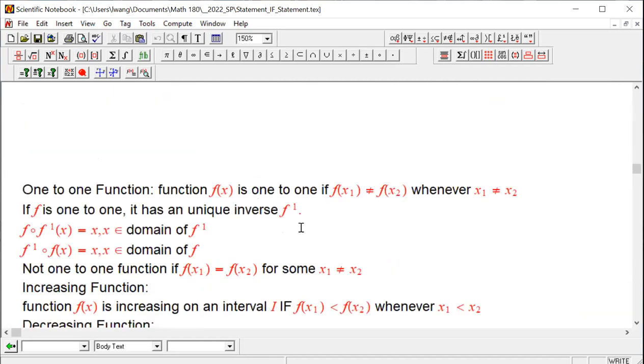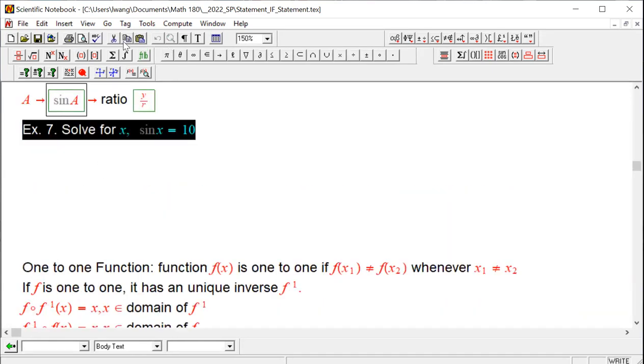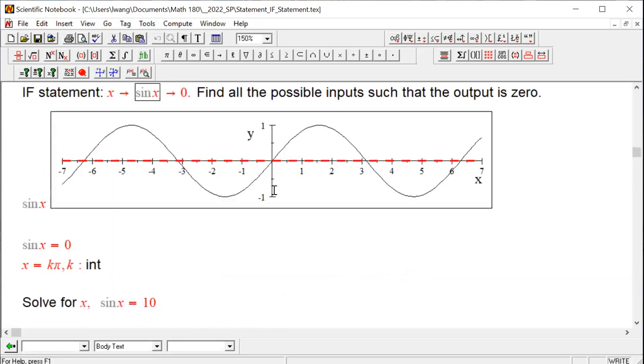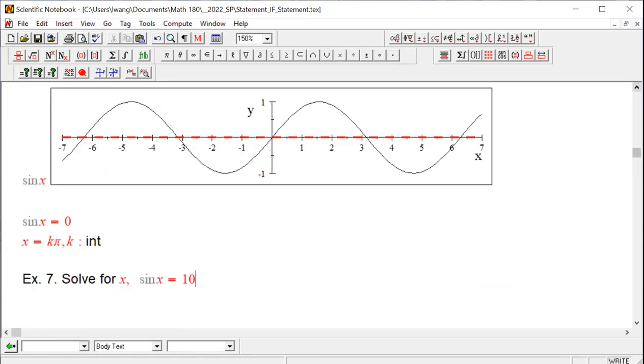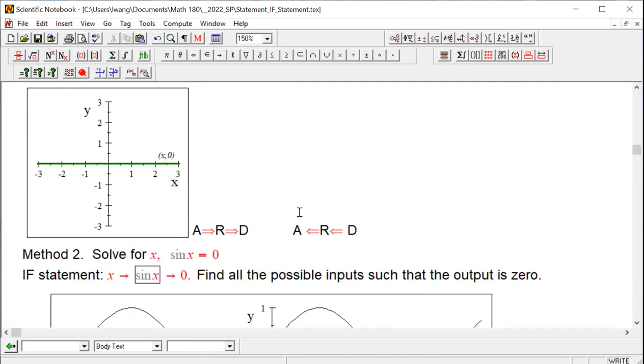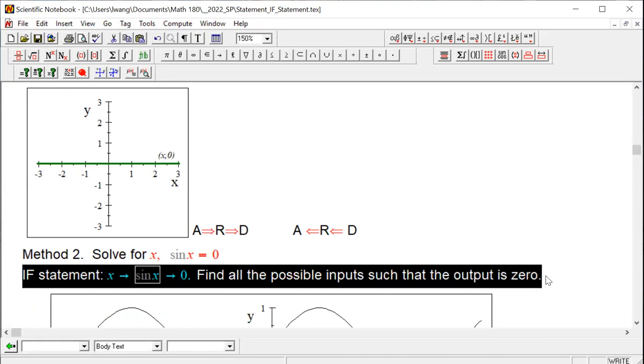What is that example? I'm going to bring it back. Example number 7, right? Example number 7. What is the solution? We have the picture right here, right? And think about it, it's an if statement.